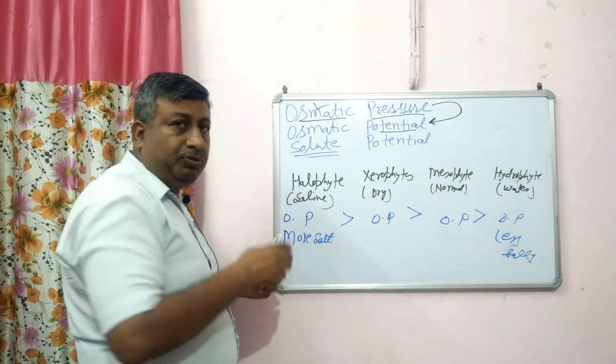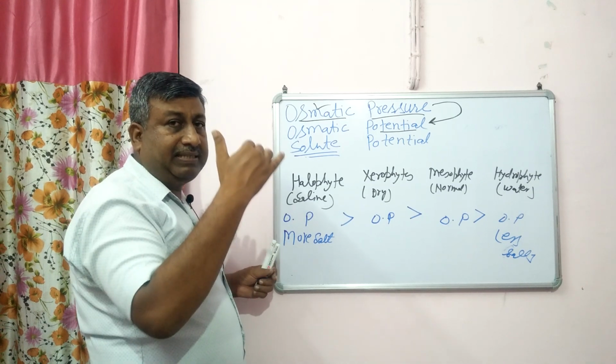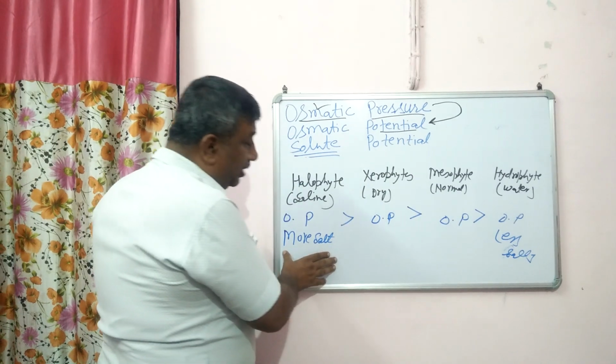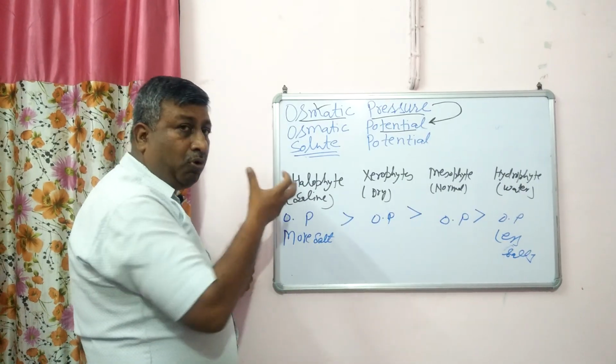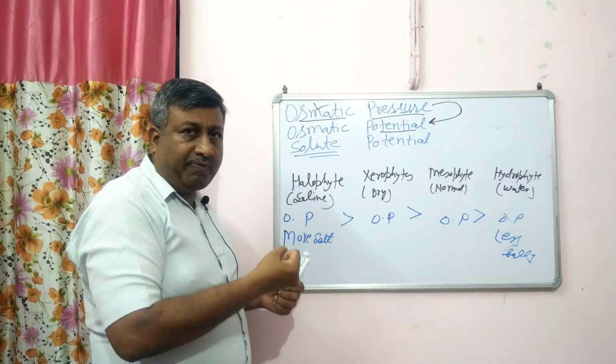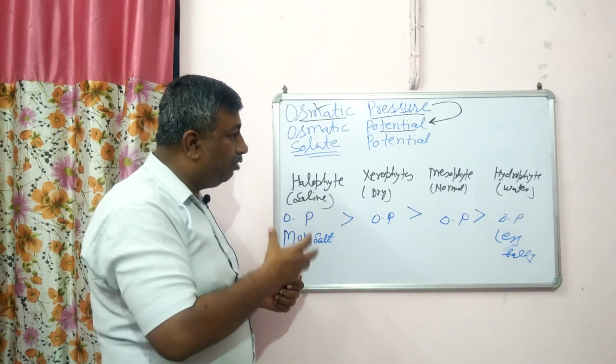Suppose halophytes did not have more salts and their osmotic potential was high, meaning less negative, then soil water would not enter into halophytes. So more salt content in halophytes creates more osmotic pressure, meaning they have more capacity to attract water from the soil. That's why more salt content occurs in halophytes, followed by xerophytes.